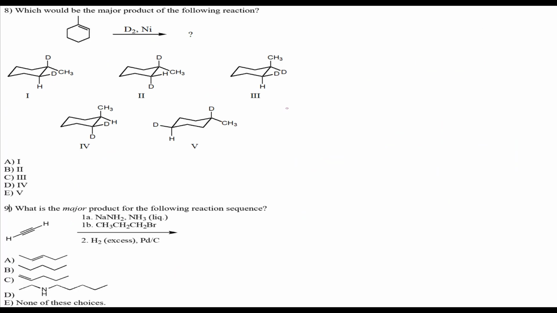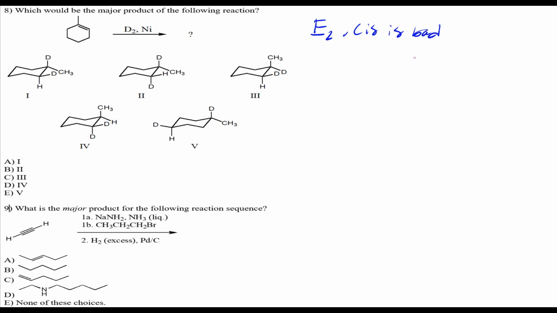What would be the major product of the following reaction? I'm not going to actually do the reaction. By the way, this is a deuterium, which is just very heavy hydrogen. It reacts the same way, it's just fatter, it's a bit thicker, right? And so what you're really looking for, this question is asking you, do you know anti and do you know syn reactions? So whenever you do these reactions for alkenes, you should know that E2 cis is bad.